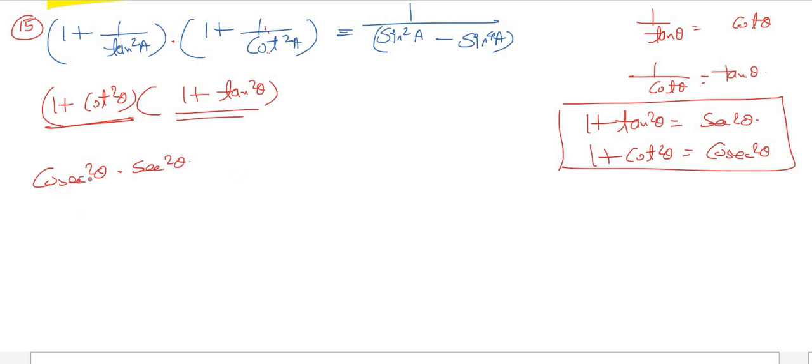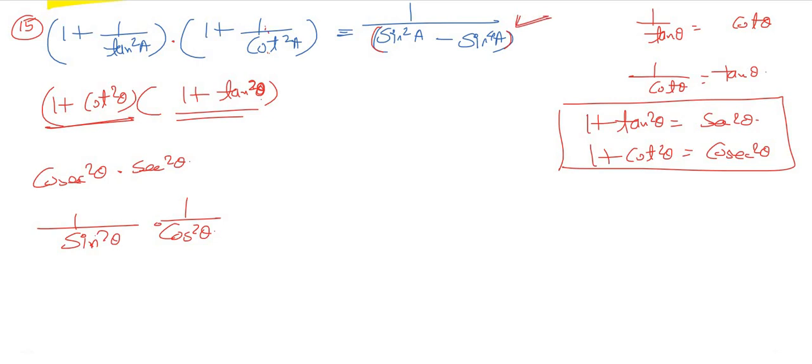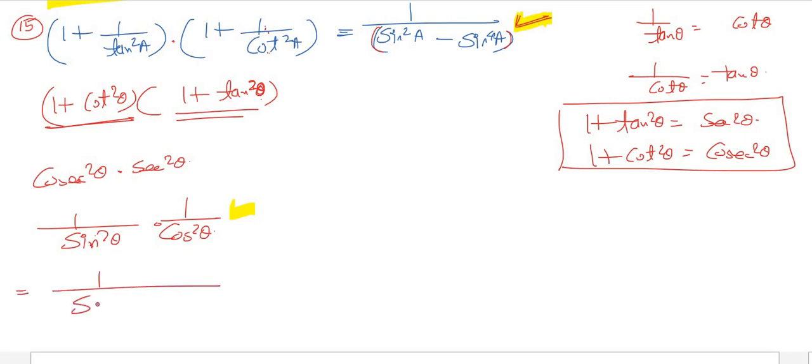Okay. What is cosec square? It is 1 by sine square theta into 1 by cos square theta. So this is what I am getting, which is not close to this. We are supposed to get this, but we are getting this. So what can we do? Let's try. 1 by sine square theta. What is cos square theta?